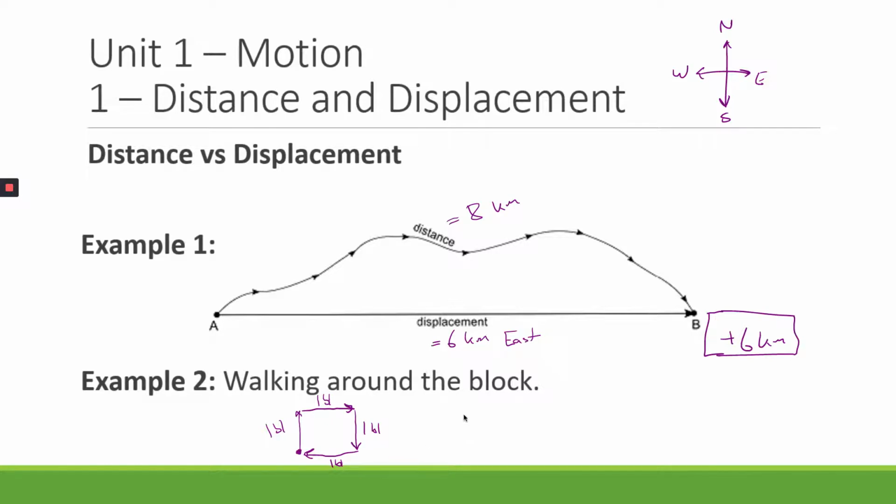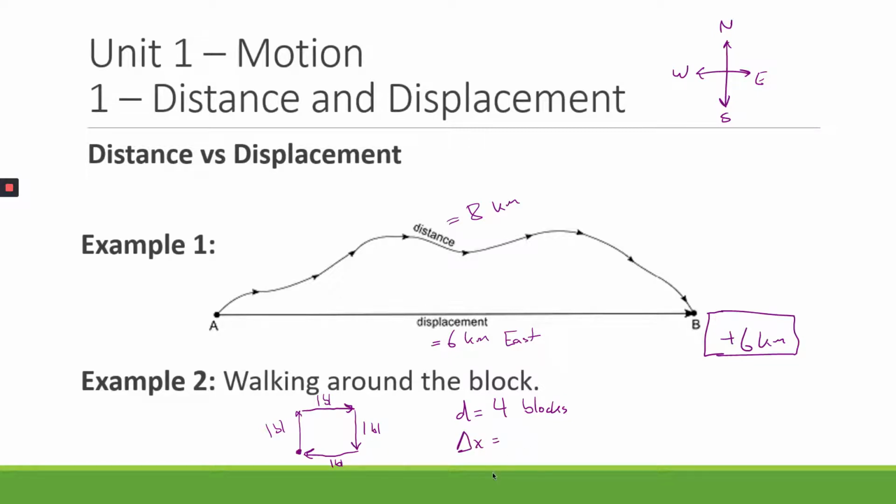Okay, what would be my distance traveled? So what would be the distance I walked? So I walked 1, 2, 3, 4 blocks, right? That's how far I walked. I walked 4 blocks.